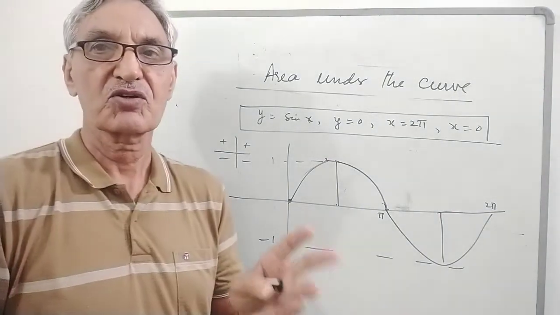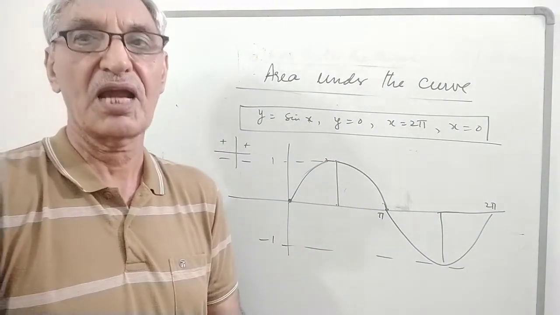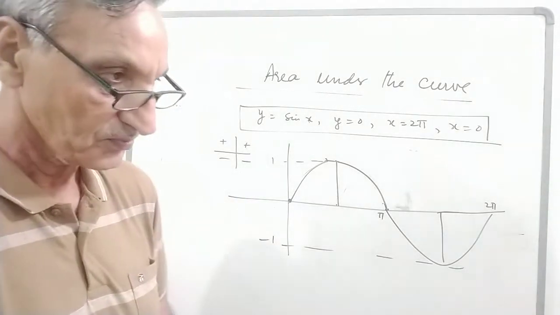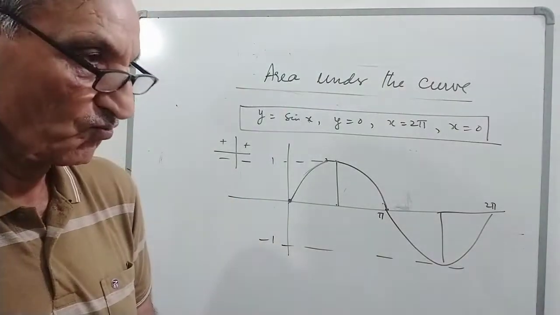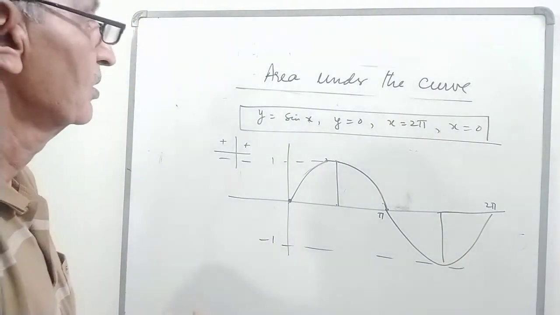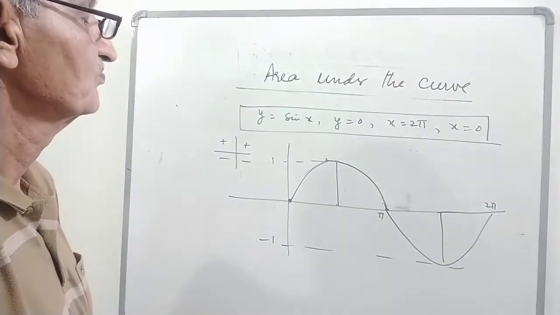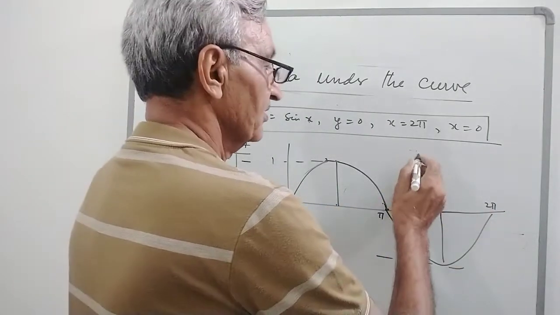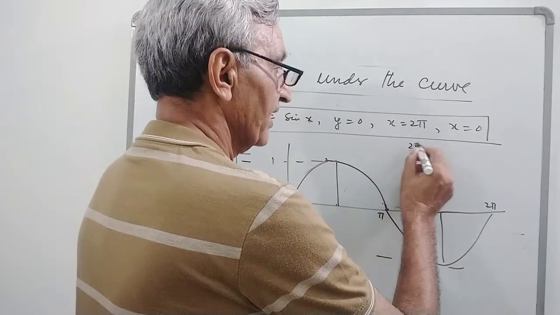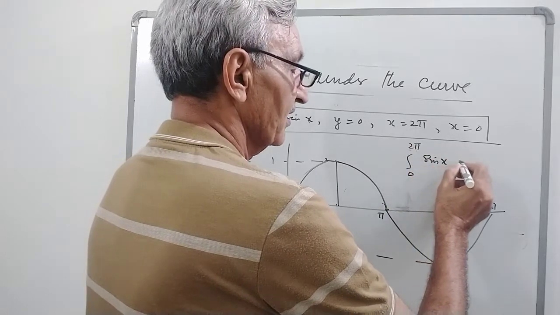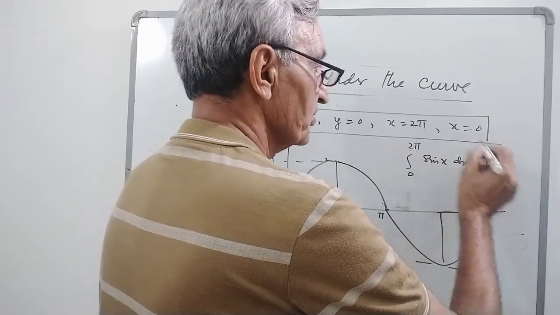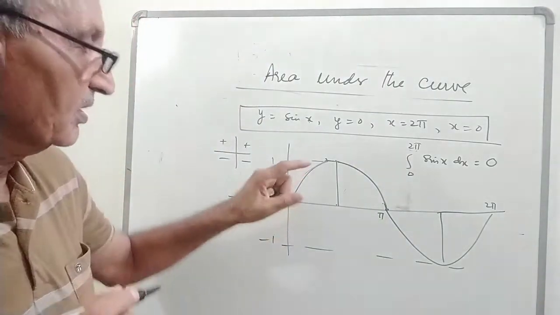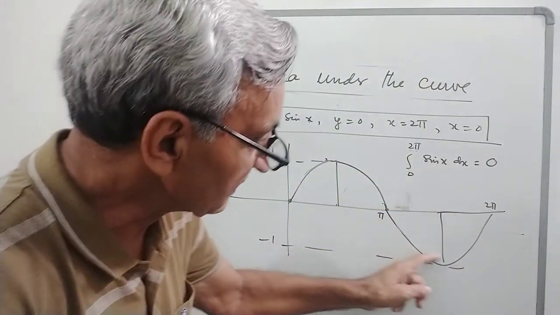If I want to find the area of this sin x, what will I do? If I take 0 to 2 pi and integrate sin x dx, it comes out to be 0, because this part is positive and this part is negative.